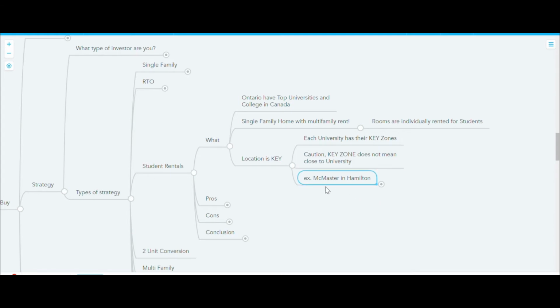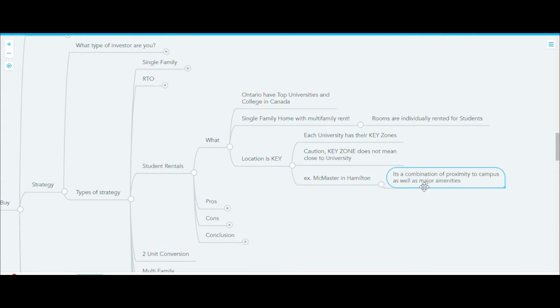McMaster is in Hamilton. The most desirable neighborhood is called Westdale. It's actually not the closest to the university. It's approximately a 10 minute walk, 1 kilometer away.